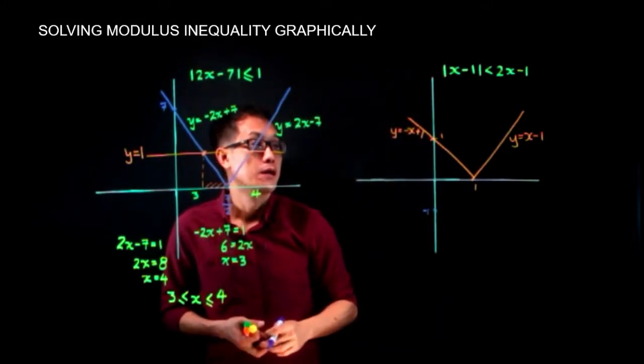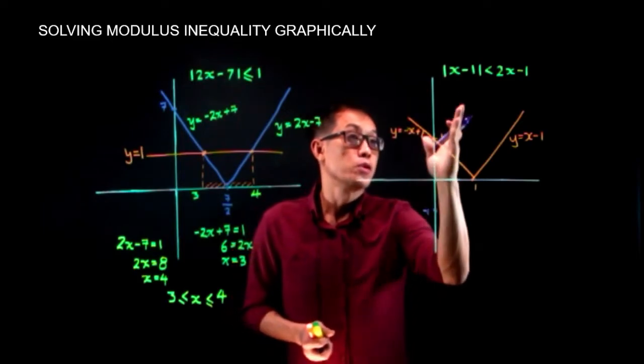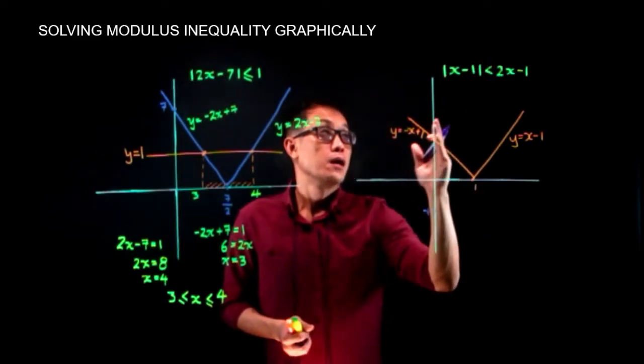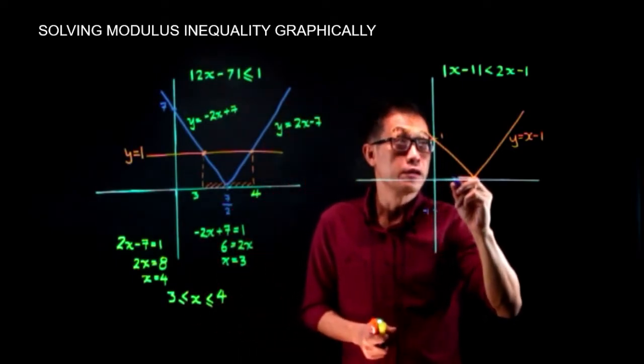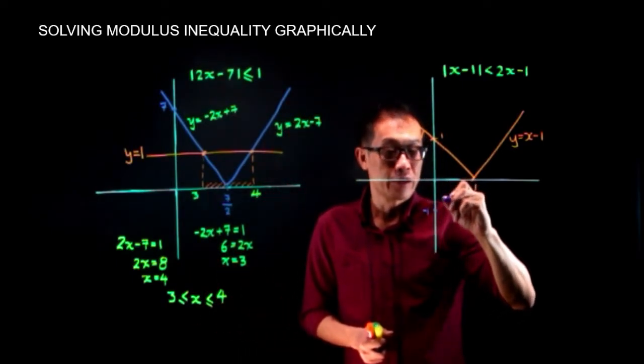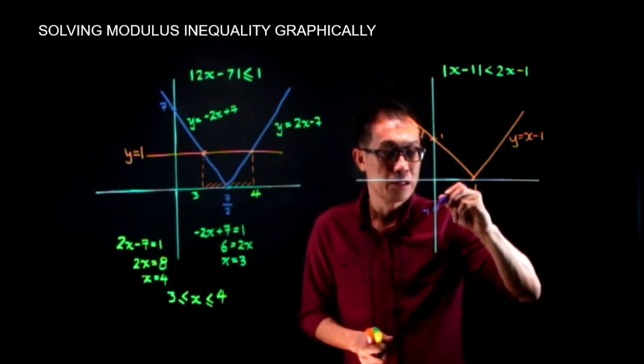Now, this gradient here is steeper. It has a gradient of 2, whereas this is a gradient of 1. So this point here is half actually, but it doesn't really matter. I just draw a line steeper.